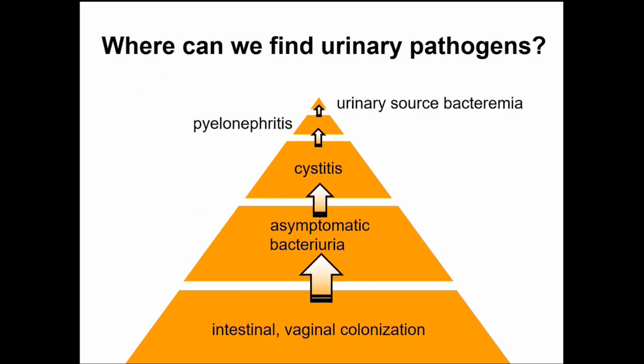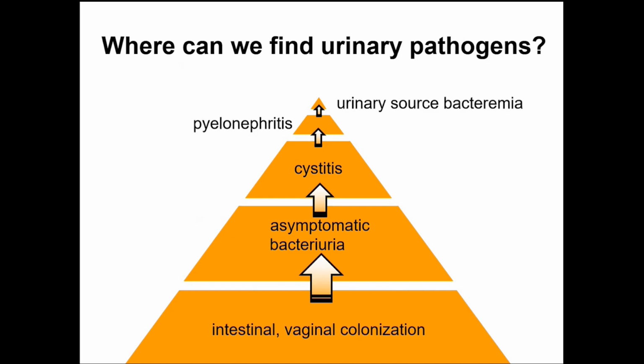So where can we find the bacteria that cause urinary tract infections? Well, in fact, most of us have the potential for urinary tract infection. We have bacteria that are typically associated with urinary tract infection colonizing our intestines. Some will have transient colonization of the vaginal mucosa.